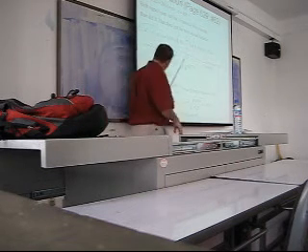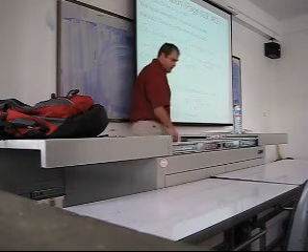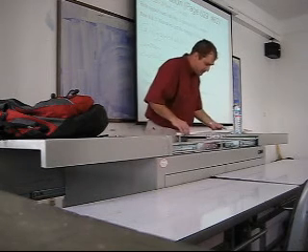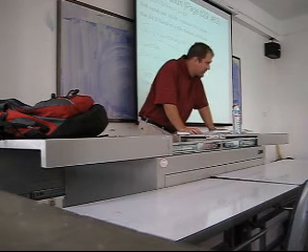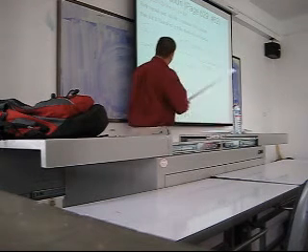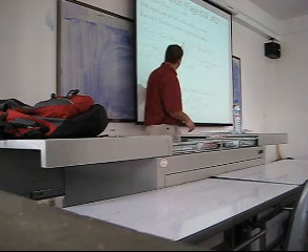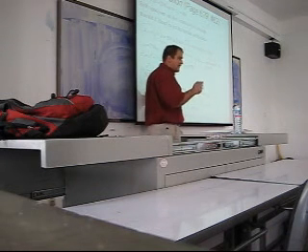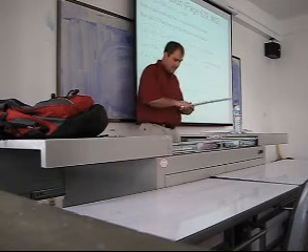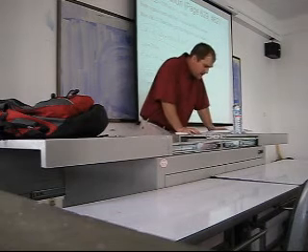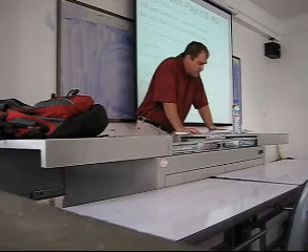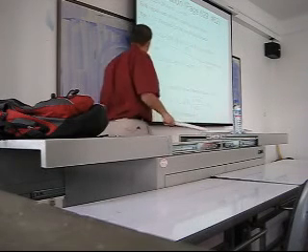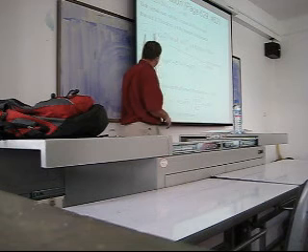So this is number 8. Assuming that radio signals travel 300 meters per microsecond, so this is your velocity, right? 300 meters per microsecond. Determine the equation of the hyperbola on which the ship is located. So we need distance.